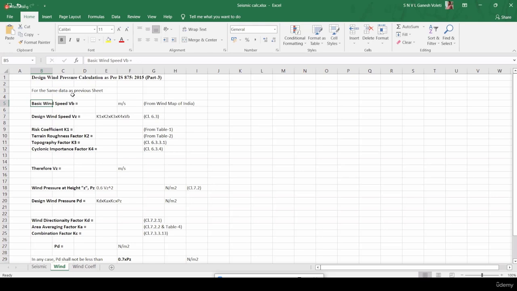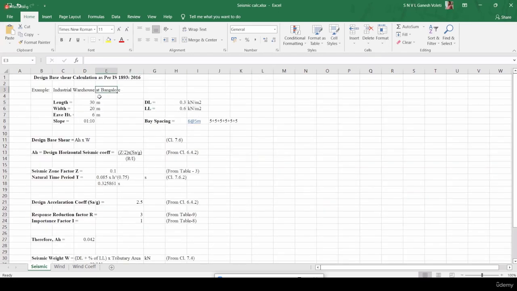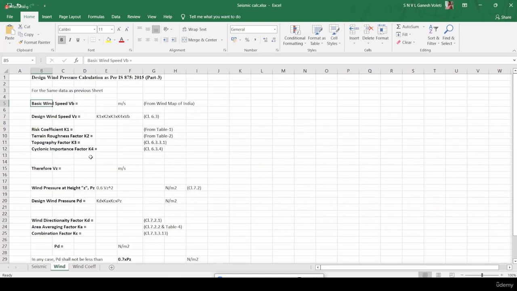Before going into the wind pressure calculation, we have to take the basic wind speed at that particular area. We have taken the example at Bangalore, right? So what is the basic wind speed at Bangalore?